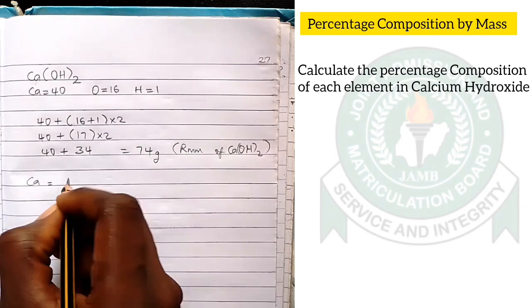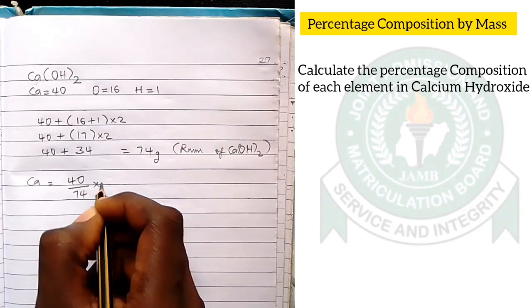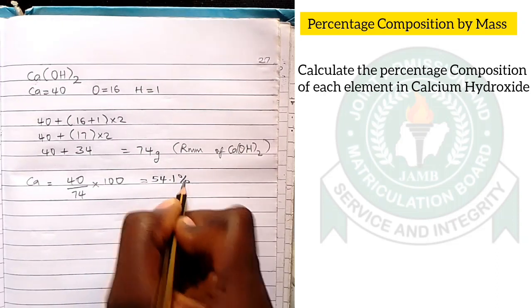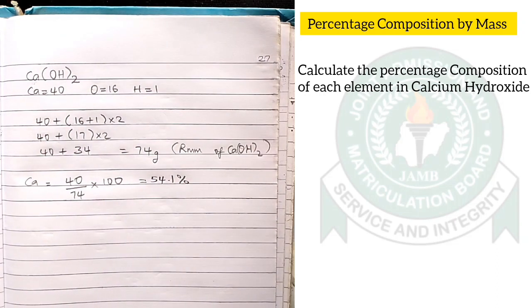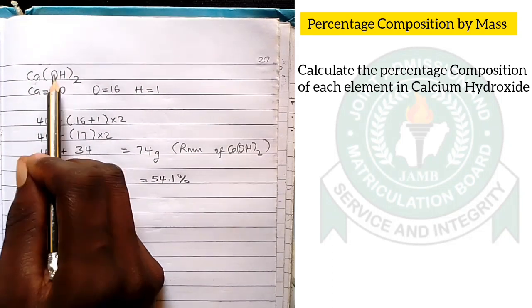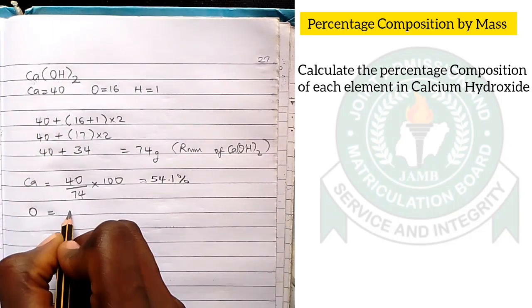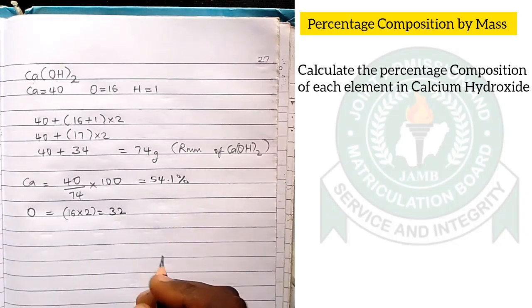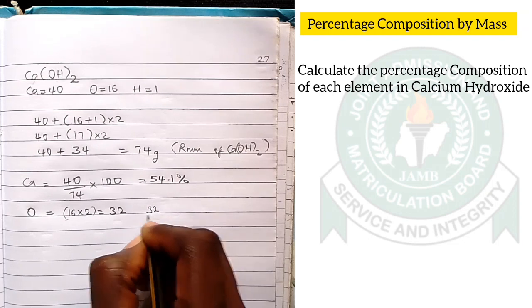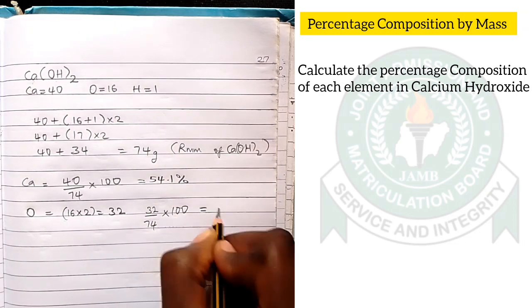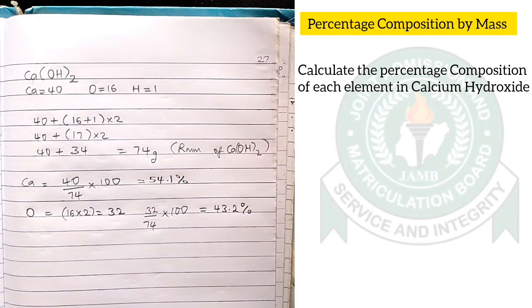For calcium, its mass is 40, we divide it by 74, multiply by 100, then we'll have the percentage of calcium as 54.1%. I will do that for oxygen too. Oxygen has 2 atoms here, so we say 16 times 2, this is 32, we divide it by 74, then multiply by 100, which will give us the percentage of oxygen.